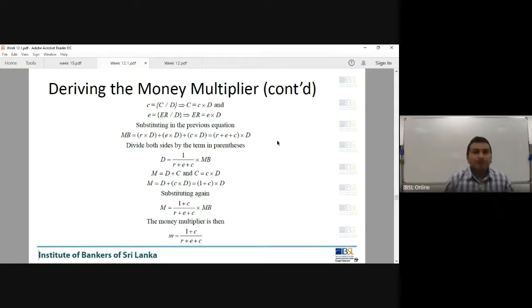So you know the currency ratio, that is small c. C over D is a small c, currency ratio.